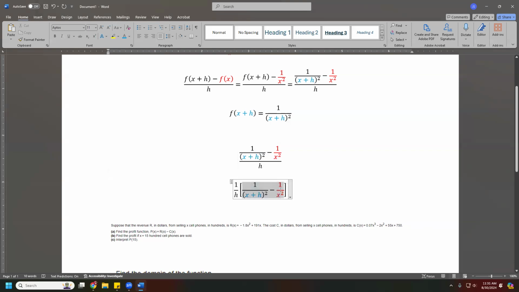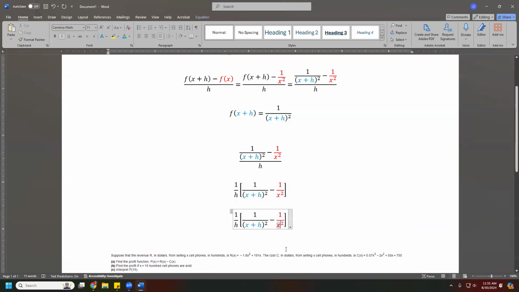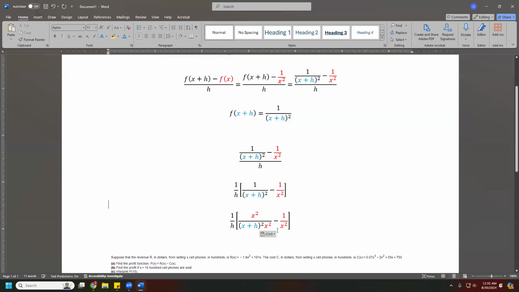Okay, now the next thing I want to do is actually combine these two fractions. However, they don't have the same denominator, so I'm not able to subtract them the way they currently are. So now what I'm going to do is make them have the same denominator by multiplying each fraction on the top and bottom by the piece that they're missing.